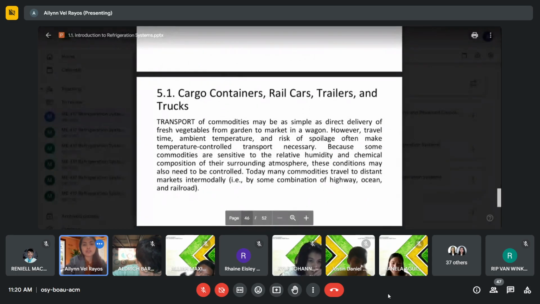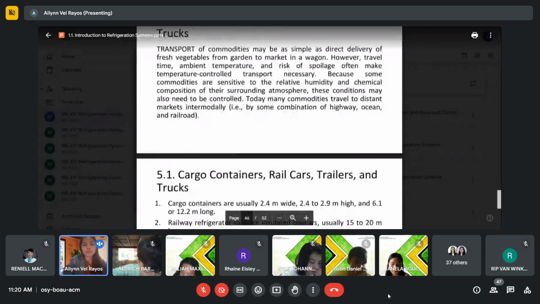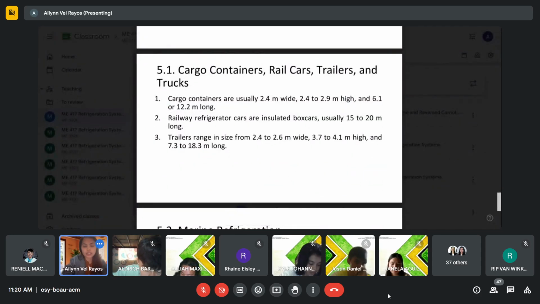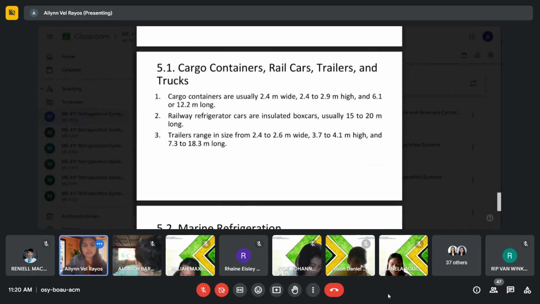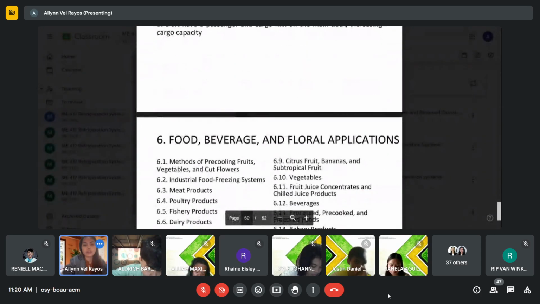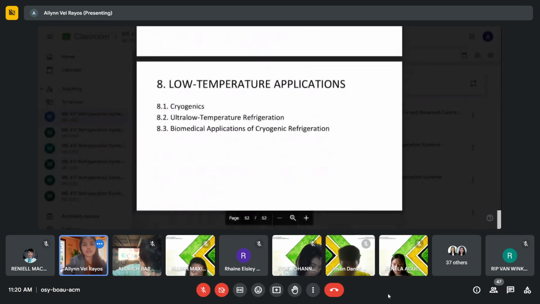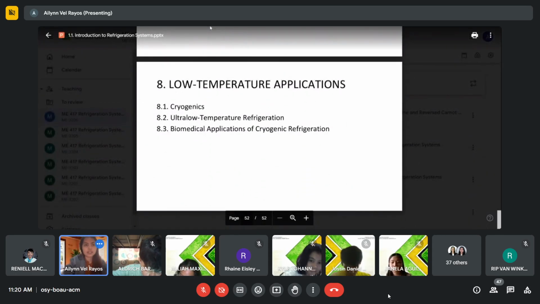Same lang yan sa 39. Okay? 39 ay ito, tsaka ito. Tapos ito ang sa 40. And then 41. 42. 43. 44. 45. Okay, any question? Clarification?